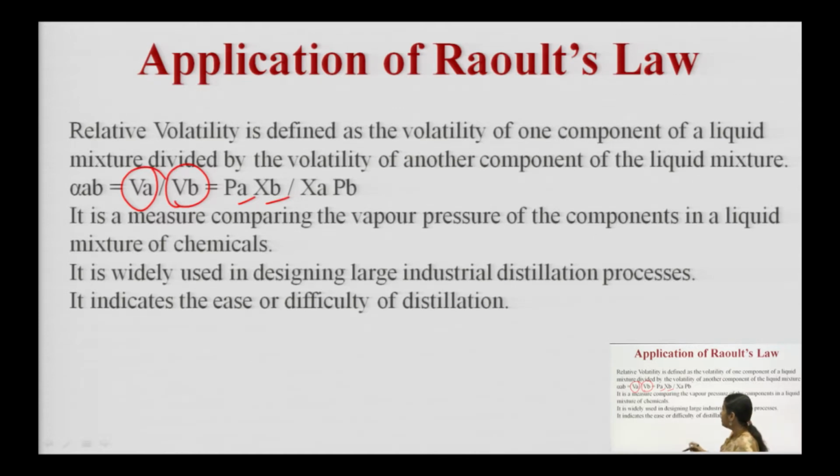When we study all these applications of Raoult's law, it is mainly important in the industrial distillation process. It indicates how difficult or how easily the distillation process can be carried out.